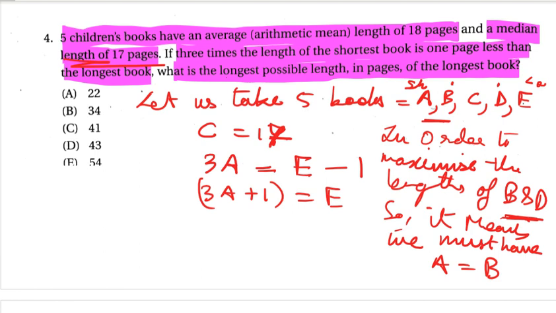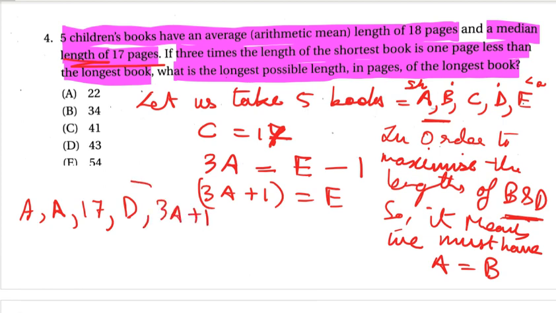We have A as A, B as A, C as 17, and over here we have to find the length of D, so now D we will write as D. As of now we haven't found D, and E is 3A plus 1.